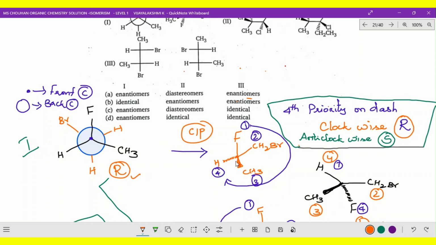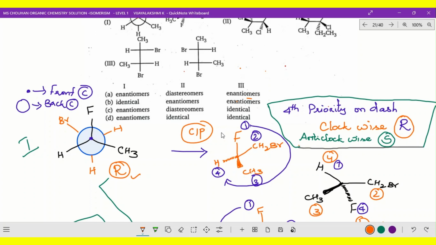In the dash position, the fourth priority has to be there, and in the wedge position, higher atomic number, like we can bring it. Here I converted it: fluorine has the higher atomic number, and in the head CH3, this is the front carbon. So I bring fluorine as first priority in the wedge position, and the second carbon, that is the back carbon, CH2Br.